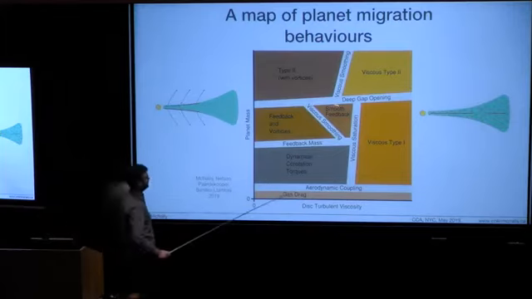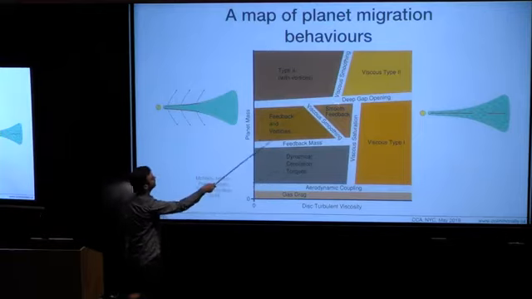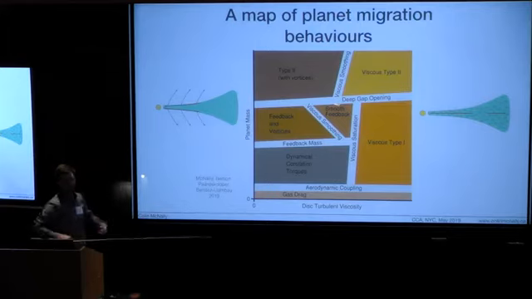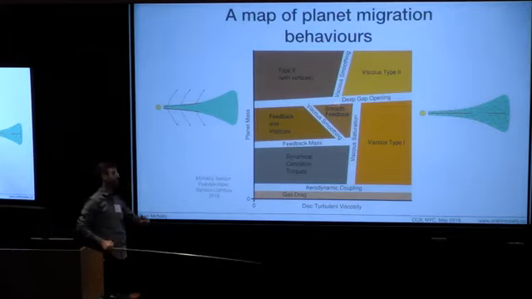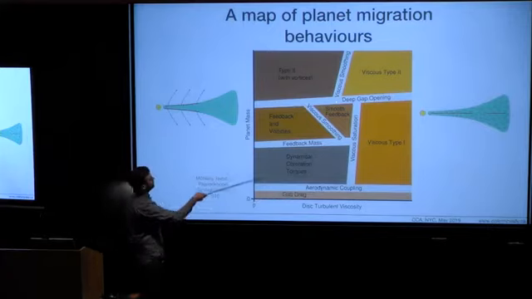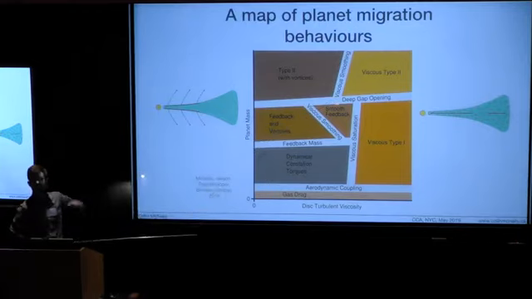Each colored block here is a previously identified regime of reasonably well-defined behavior for planets migrating in disks. And each of these gray streaks is where some critical parameter change leads to a change in this behavior.